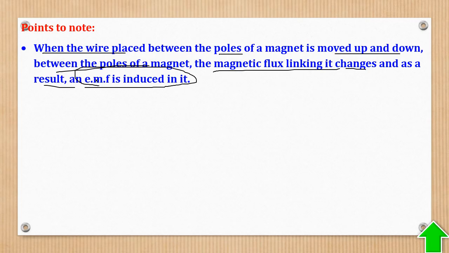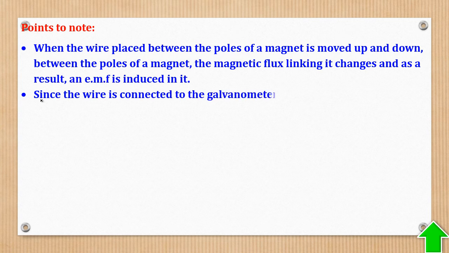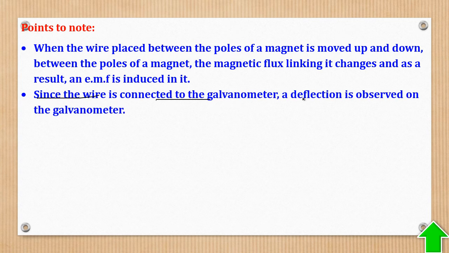That is very vital. 2: Since the wire is connected to the galvanometer, a deflection is observed on the galvanometer. So a galvanometer is there to help us prove that current is really flowing, because current is invisible.